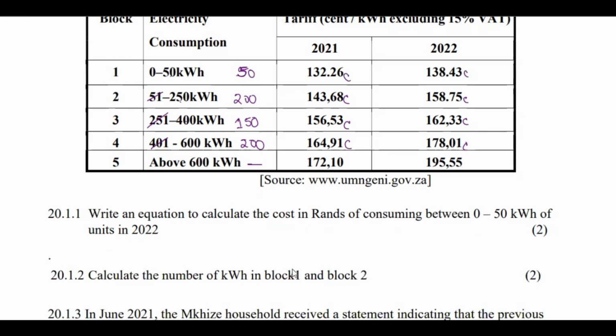So the formula will be number of units times, this is 2022, so we shall multiply by 138,43 divided by 100. Why am I dividing by 100? I want them to become rands, and this will be your equation.